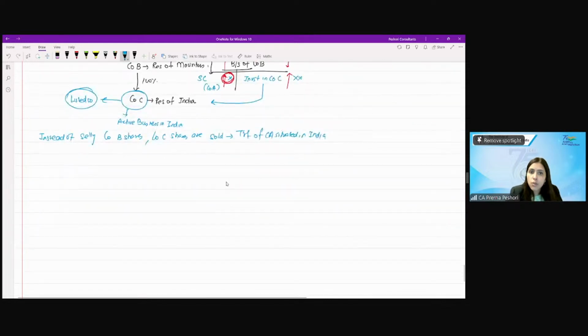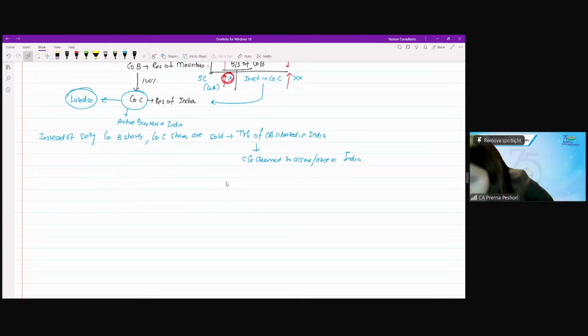And this will lead to income or capital gain deemed to accrue or arise in India, right? So what will happen? I will have to pay the taxes in India, right?